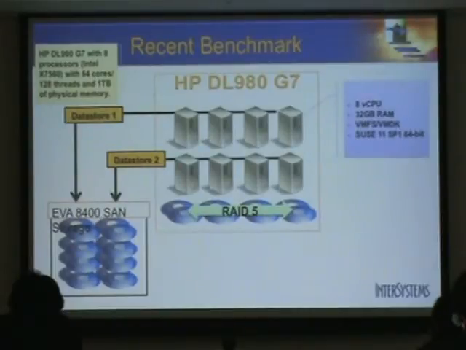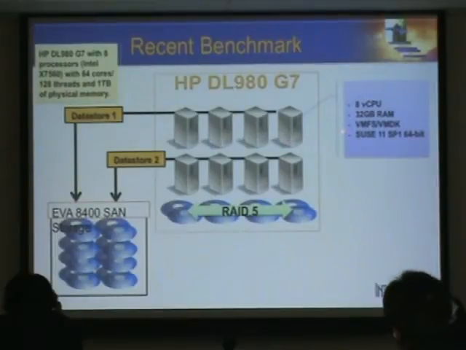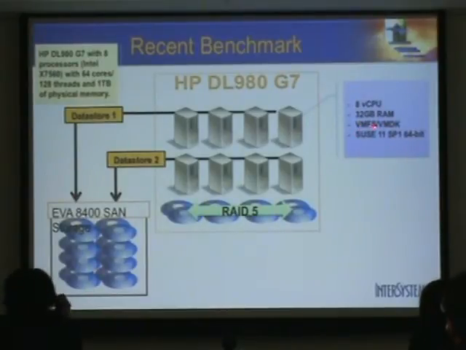Okay, we created a bunch of virtual machines on this DL980 using VMware as a hypervisor. Each of these virtual machines had 8 virtual CPUs, 32 gigabytes of RAM. We used VMFS as the file system, and we were running SUSE Enterprise Linux 11 Service Pack 1 64-bit version as the guest operating system.